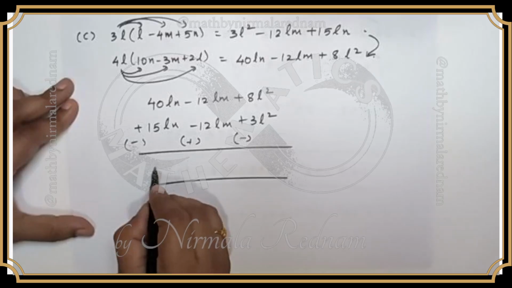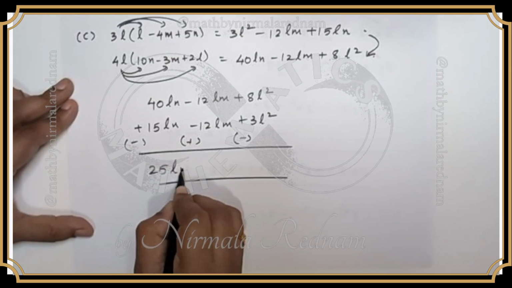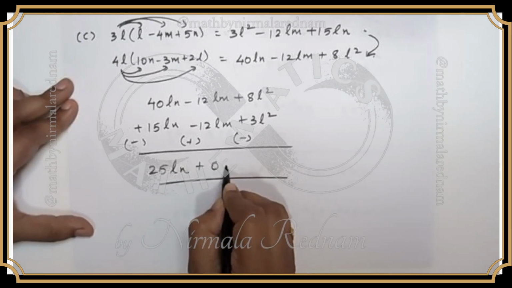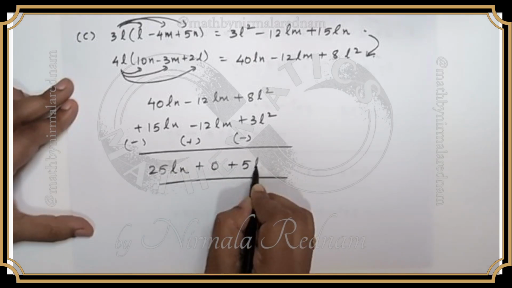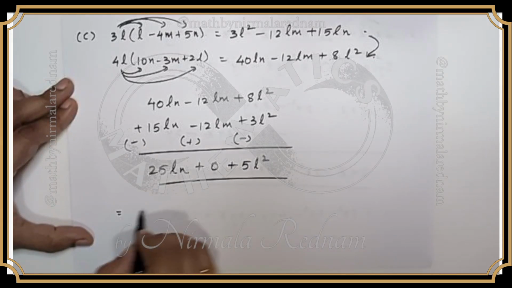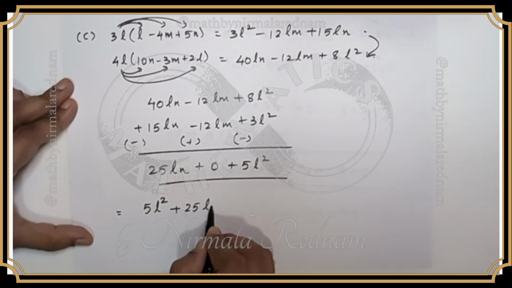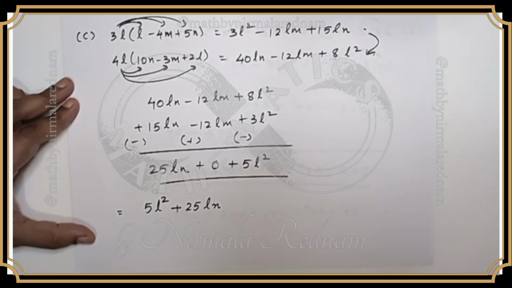So, 40 minus 15 is 25. This will get cancelled, and here I have plus 5 l square, right? So, my answer is going to be in standard terms 5l square plus 25 ln or nl, right?